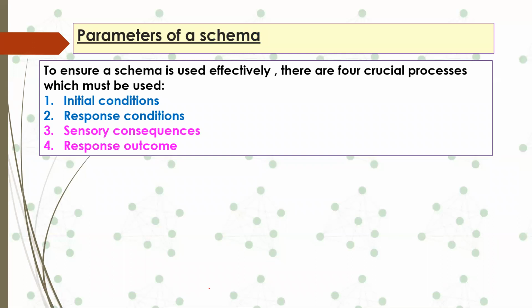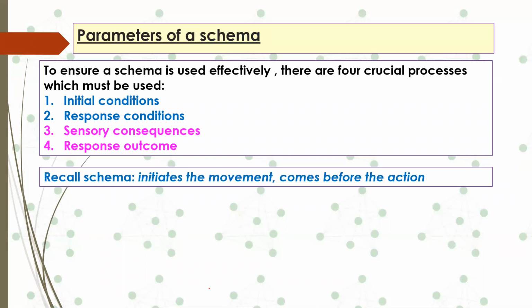Now, you know that I love a bit of color in my presentations, but this is done for a good reason. The first 2 are blue, and the second 2 are kind of my purply pink. So the first 2 can be grouped into a category that's known as recall schema.